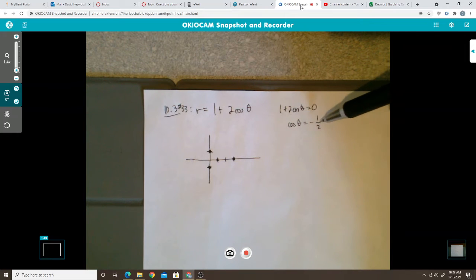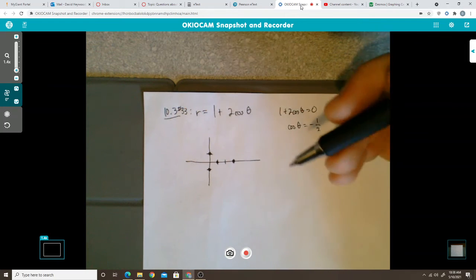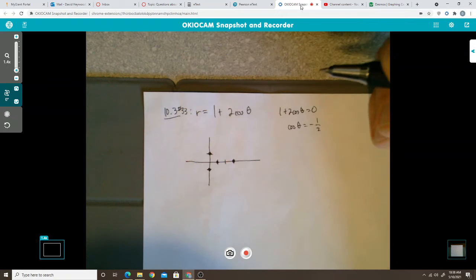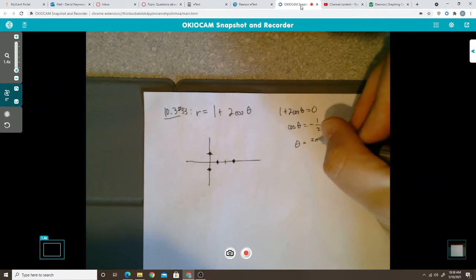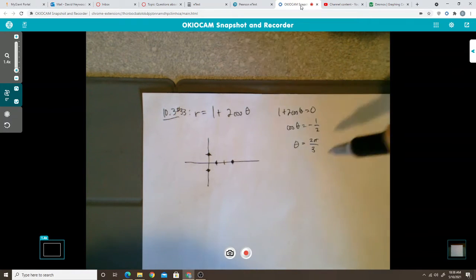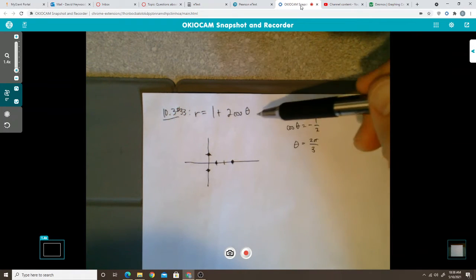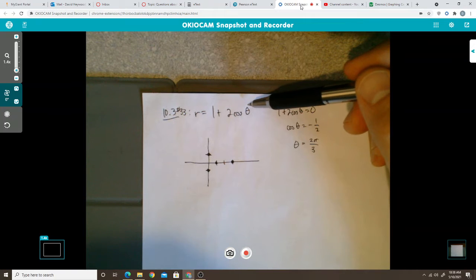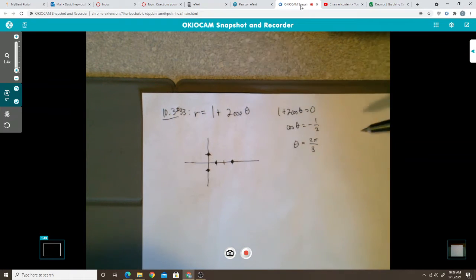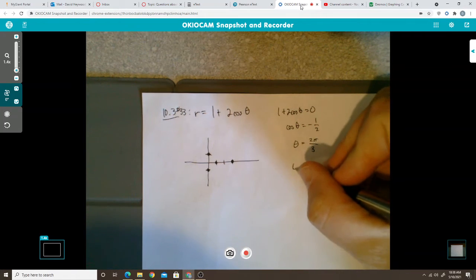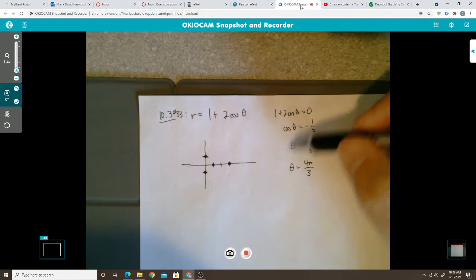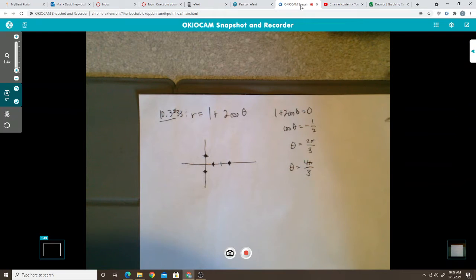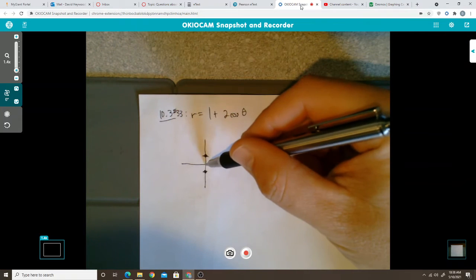So cosine is going to be -1/2 at 2 pi over 3, right? So when theta equals 2 pi over 3, that's when r should be 0. And then it's going to happen again, of course, at theta equals 4 pi over 3, right? So these are the places where r is going to be 0, and therefore cross through the pole.